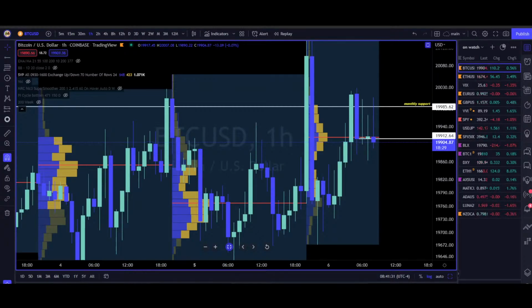$19,912. Let me get Bitcoin pulled up on Bitget over here so I can find that price for you. It doesn't look like it's wanting to hold support on Bitget. Support on Bitget is $19,903.50.